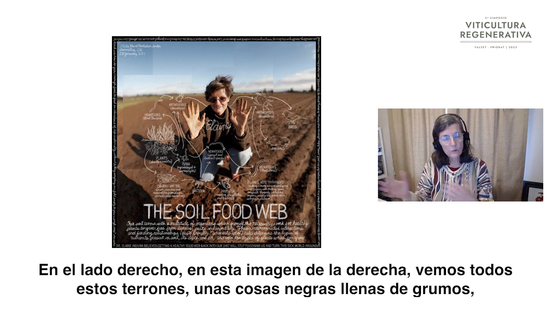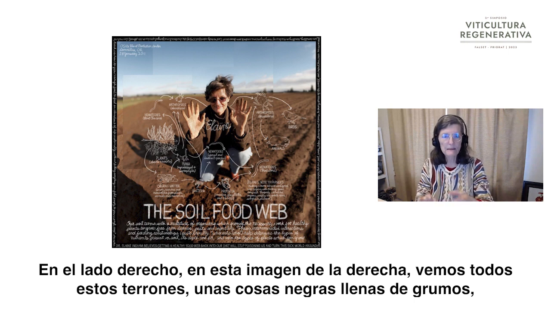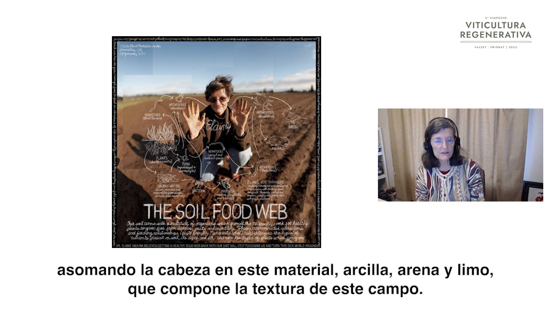Over on the right-hand side, as you're looking at this picture, you can see all these clods, all those black, lumpy, bumpy kinds of things, poking their heads out of this material, the sand silt clay that makes up the texture of this field.